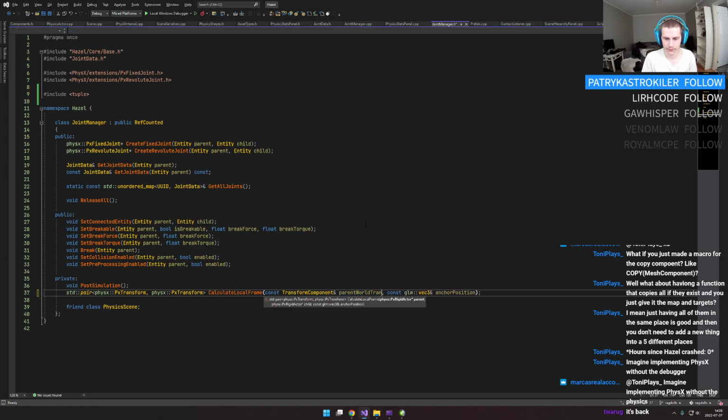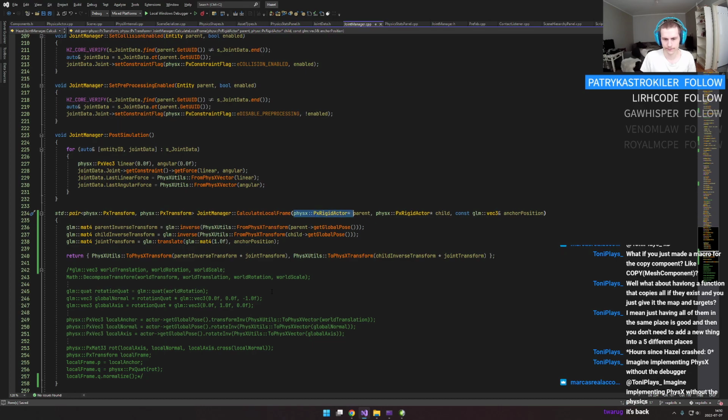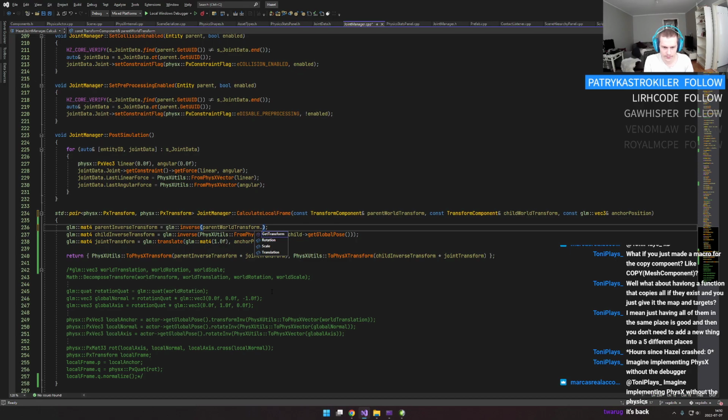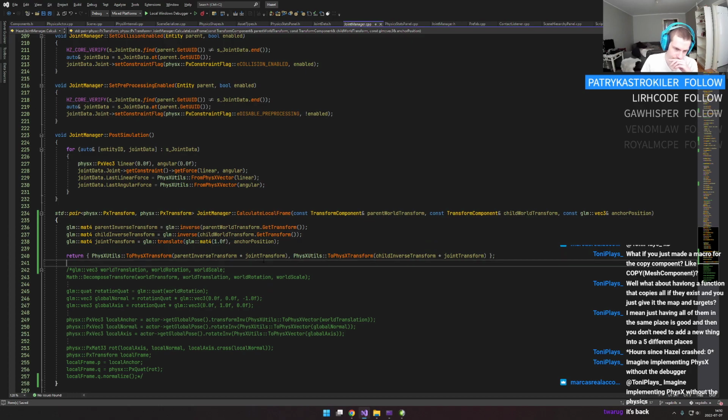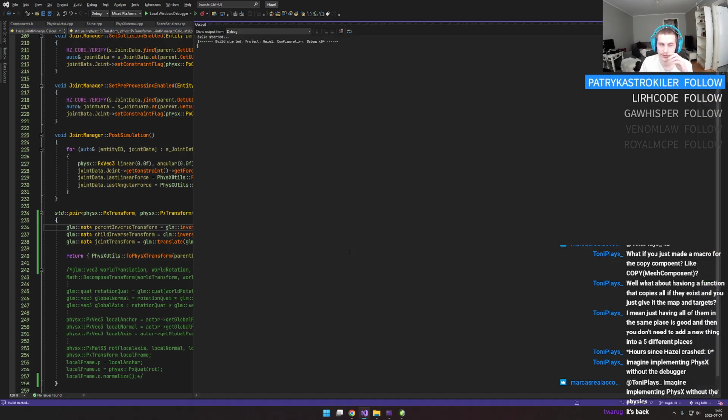Parent world transform. World transform. And the anchor position. Because this means we can straight up do the inverse of parent world transform dot transform and child world transform get transform. And hopefully this works.